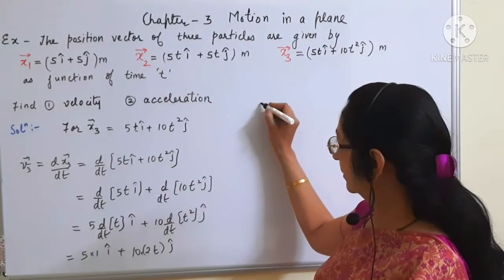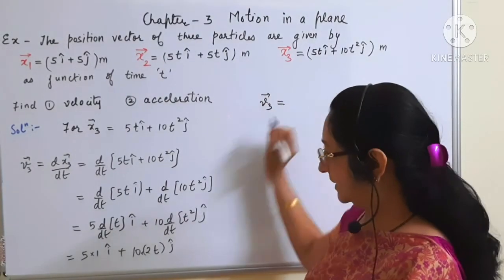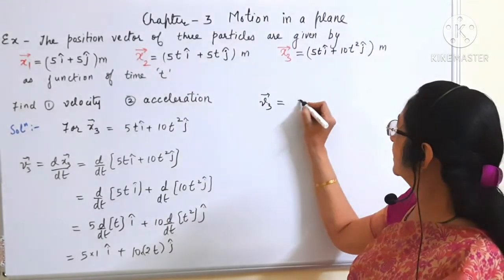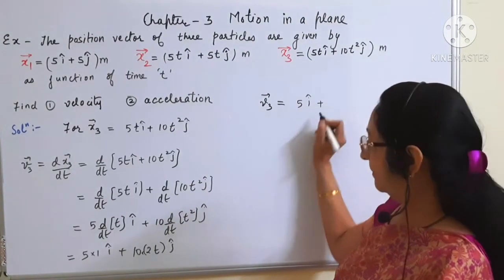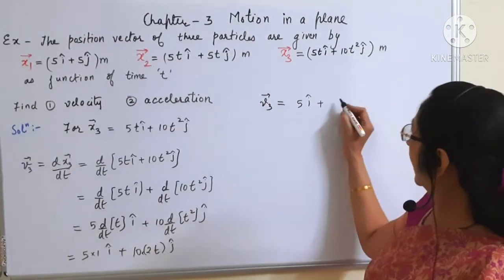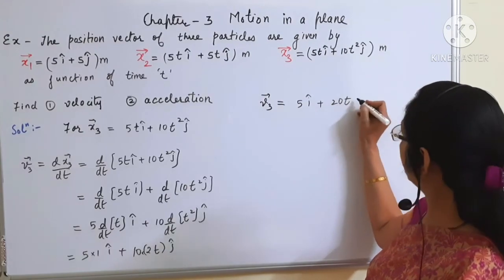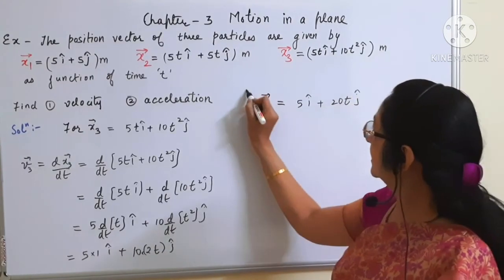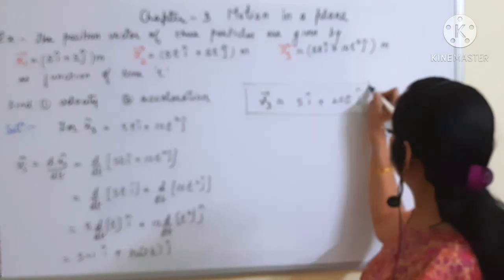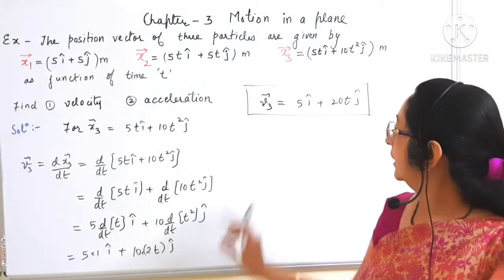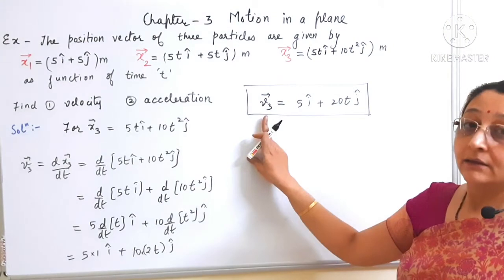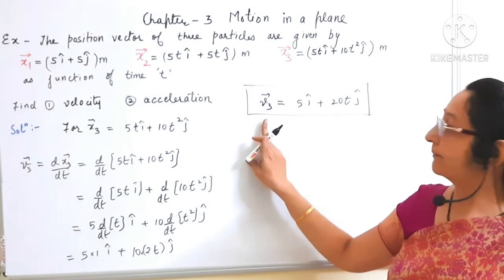So v3 is equal to 5 into 1 is 5i plus 10 into 2t that is 20tj. So this is the velocity of the particle 3 or the third particle.